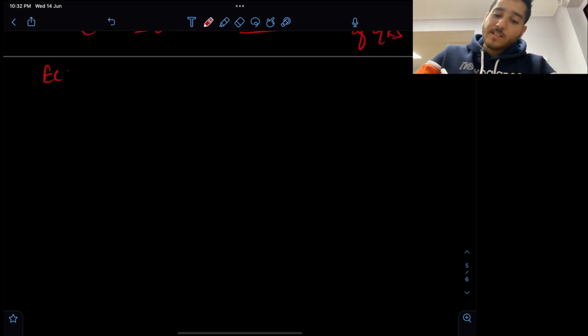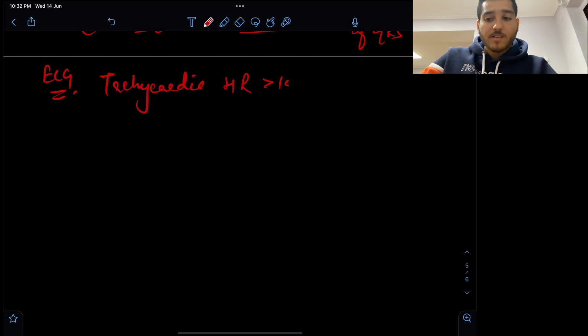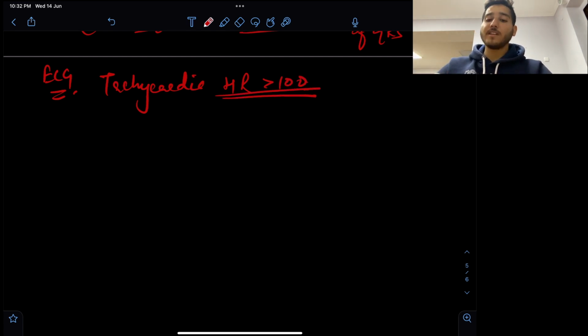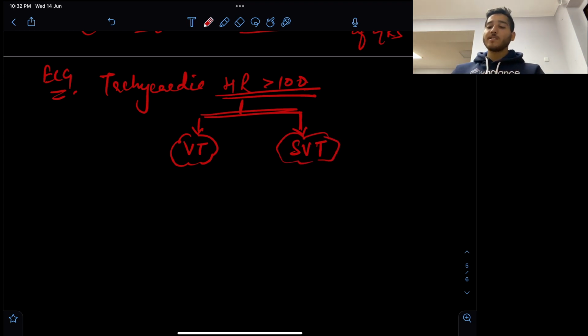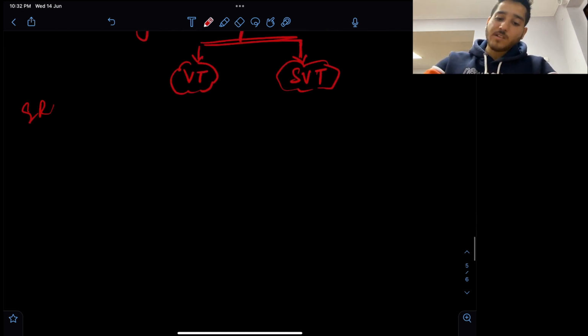In any ECG, if you are getting tachycardia, meaning heart rate more than 100, this tachycardia can be ventricular tachycardia or supraventricular tachycardia. To differentiate between them, just look at the QRS duration.